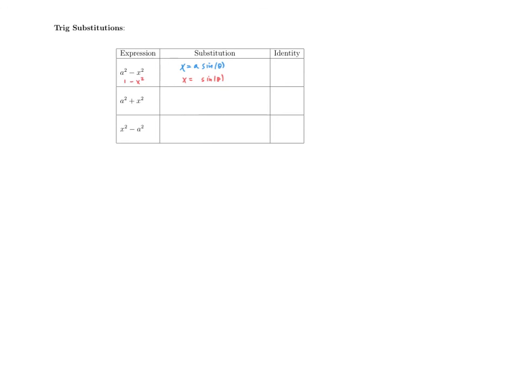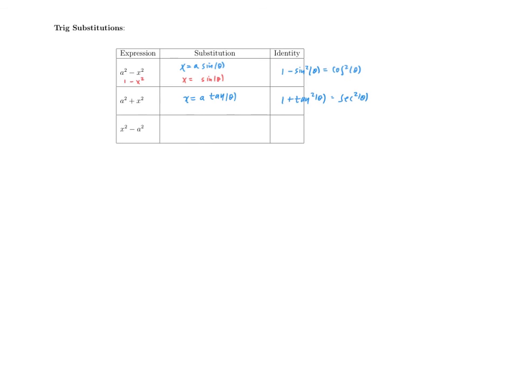When you make this substitution, you are going to have to use the Pythagorean identity, and more specifically, you will use 1 minus sine squared is cosine squared. If your integrand contains the expression a squared plus x squared, the trig substitution that we would want to attempt would be x equals a tangent theta, and we would use the trig identity that 1 plus tangent squared is equal to secant squared.